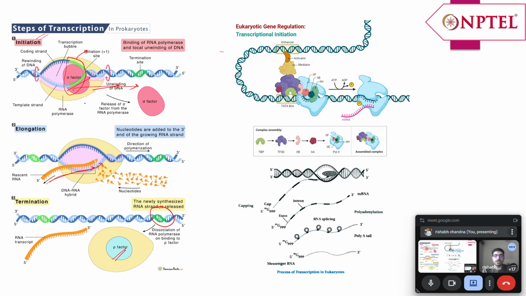Whenever this RNA polymerase binds to the promoter, after forming around 10 to 11 nucleotides of the RNA, it slips off from the DNA, and this happens many times. That is called abortive initiation.